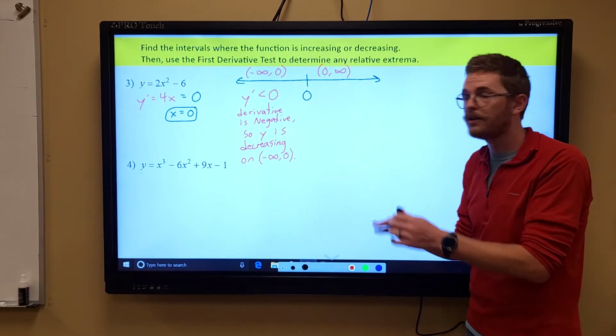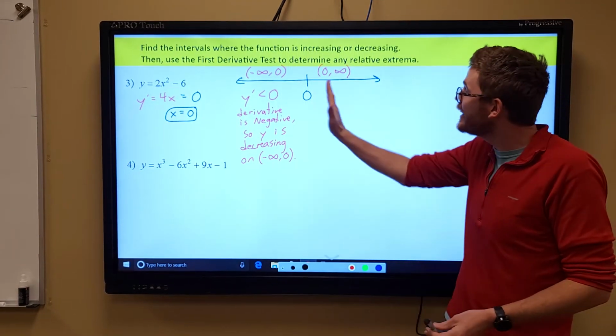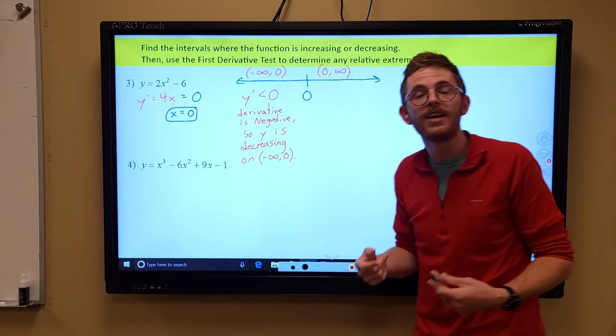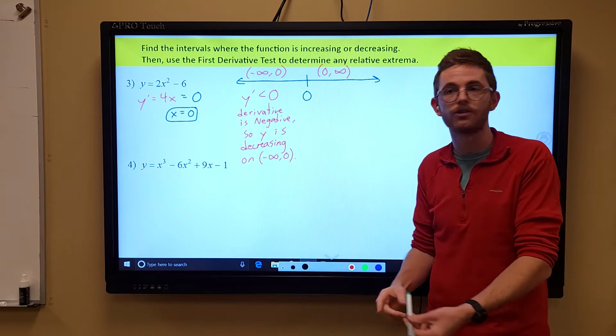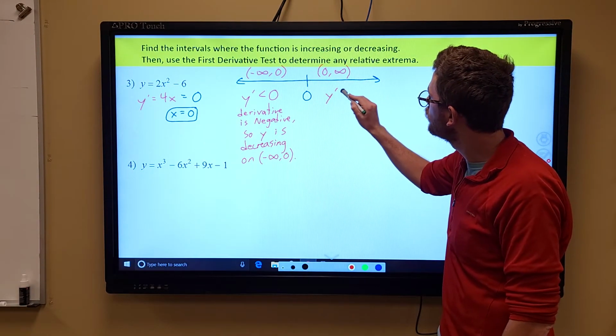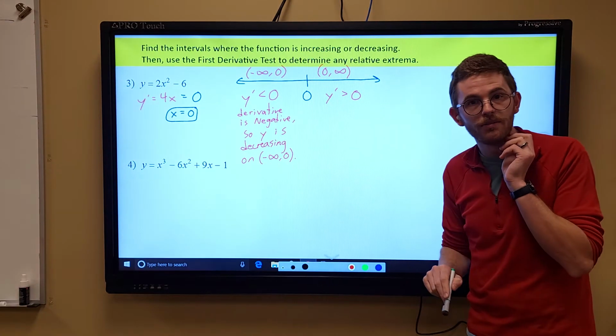To the right side of 0 would be positive x values. And any positive x value plugged into our derivative is giving us a positive answer. So therefore, over here on this interval, our derivative is positive.